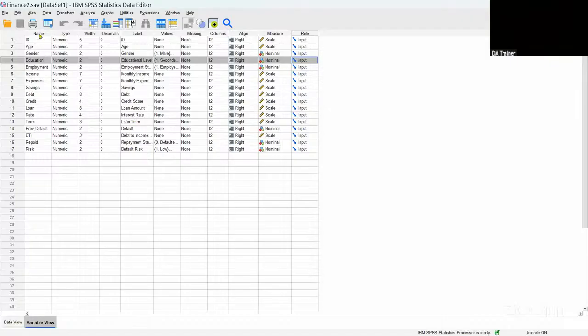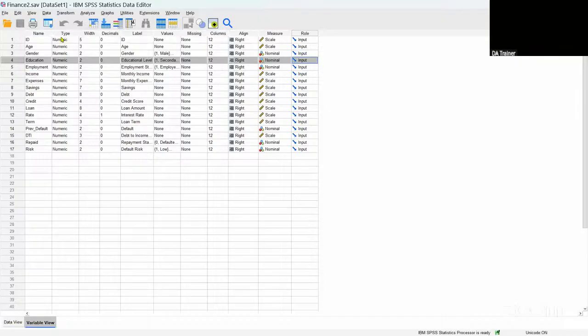And the name there refers to the name that will be appearing on the column in the real data set. So all these, ID, age, gender, education, employment, income, all of them will appear on the columns. They become the column heads when the data is being imported or typed into the data view.